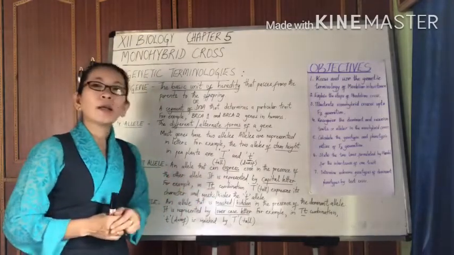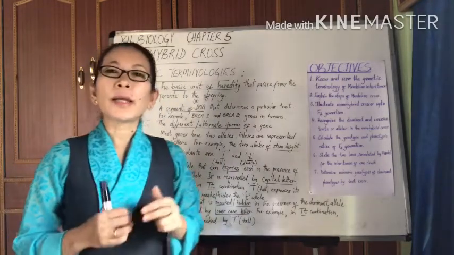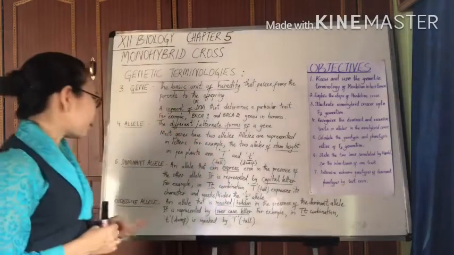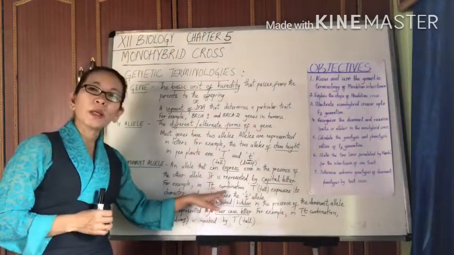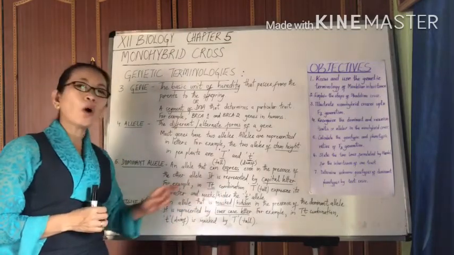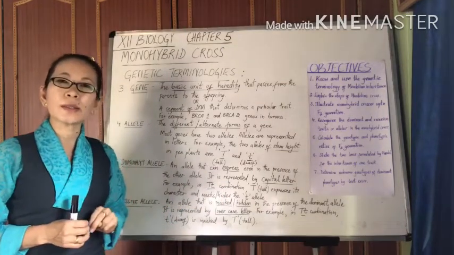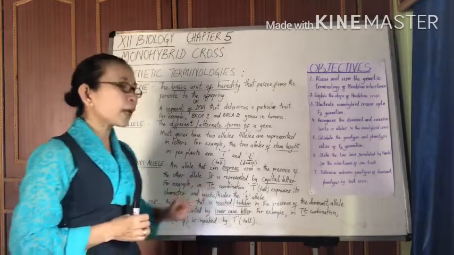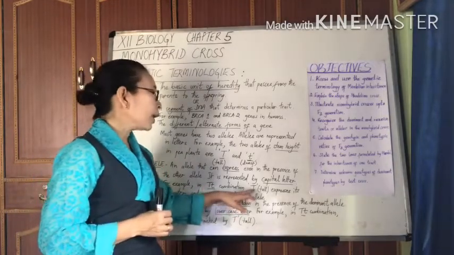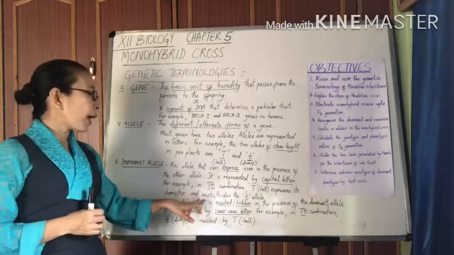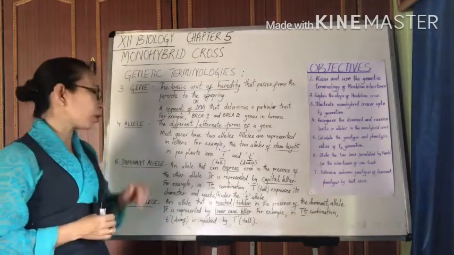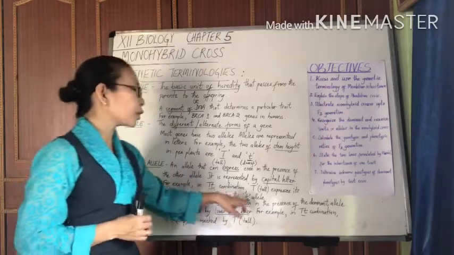And these are basically represented with a capital letter. For example, in capital T small t combination. So here are two different alleles existing together. So in such capital T small t combination, capital T expresses itself and masks or hides the character or the trait of small t.